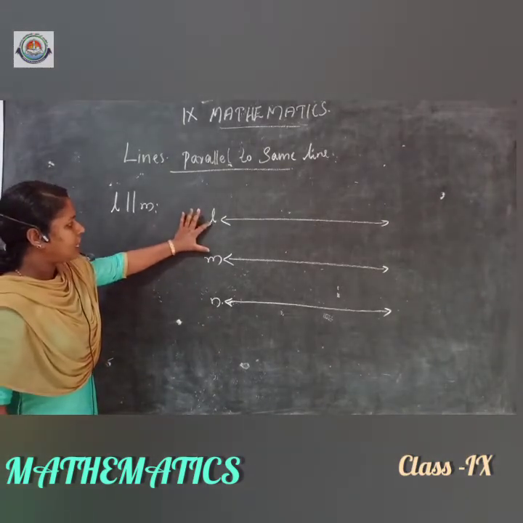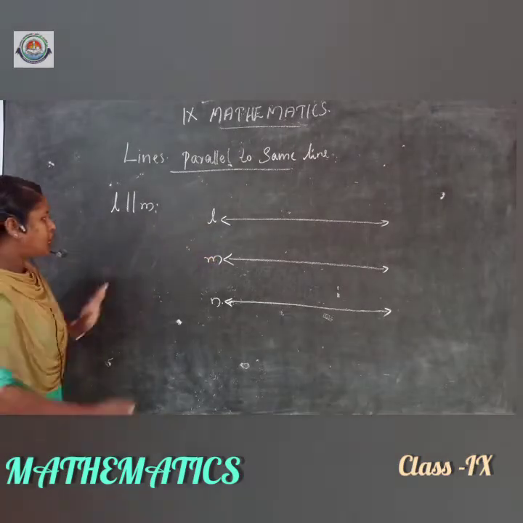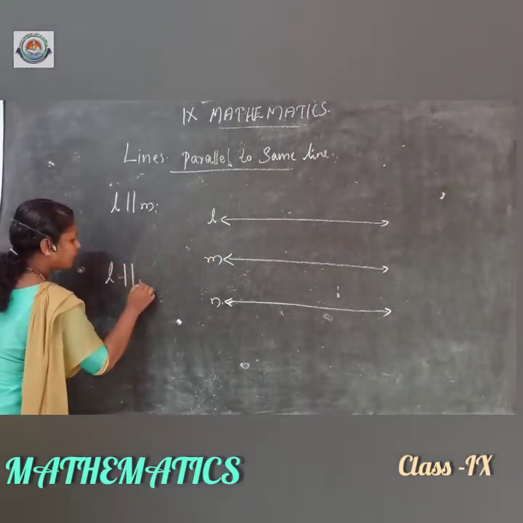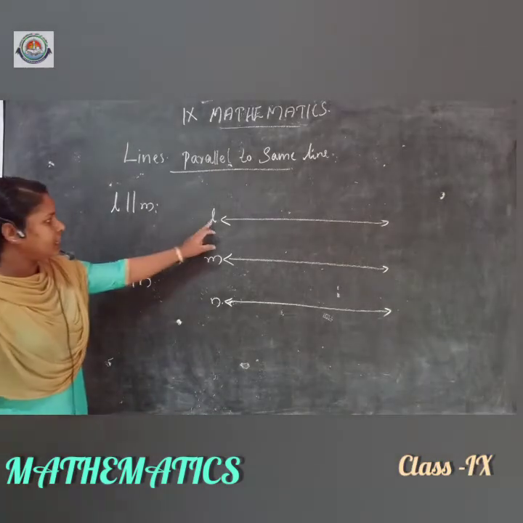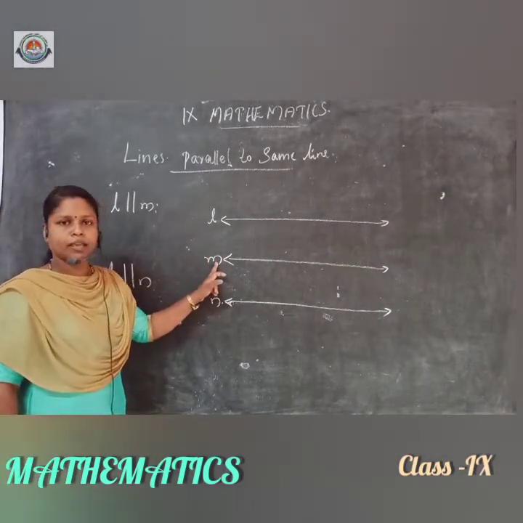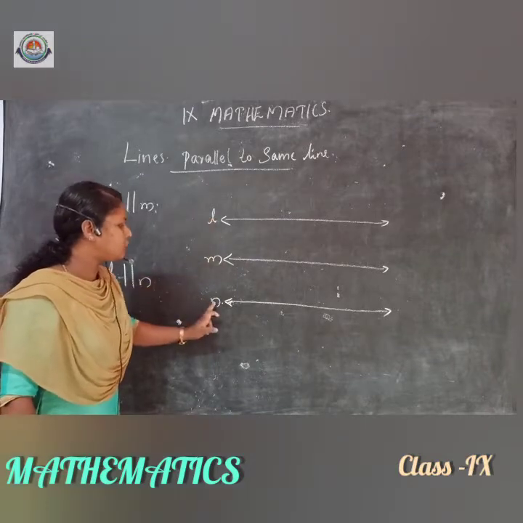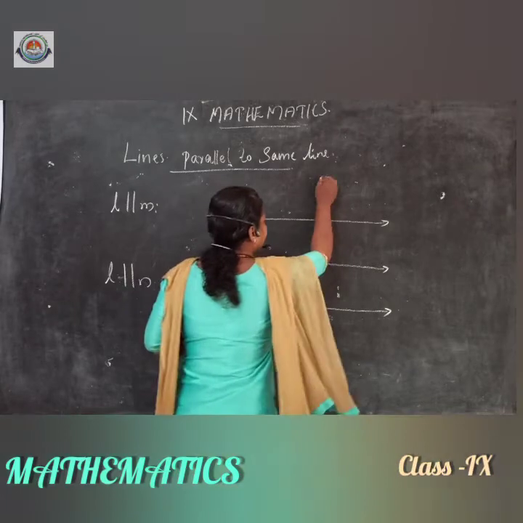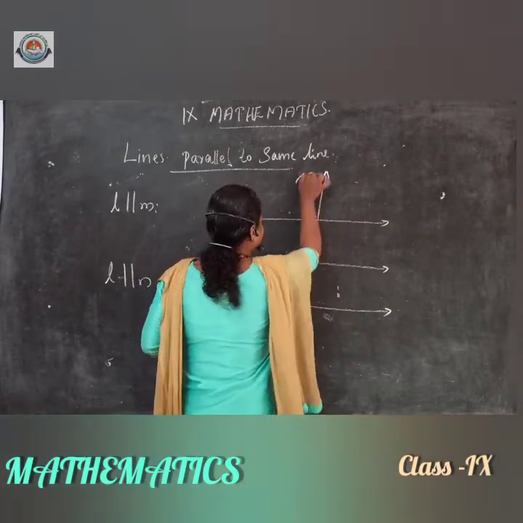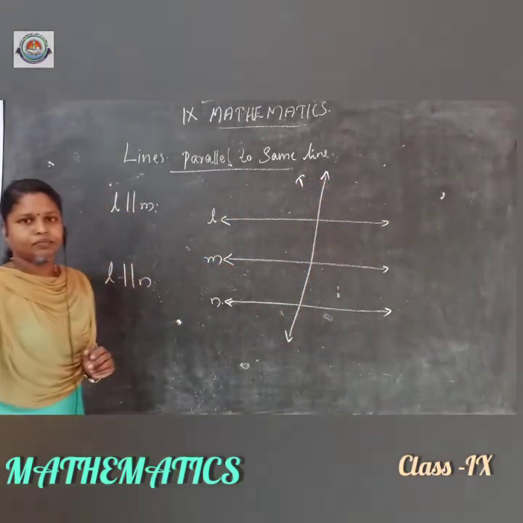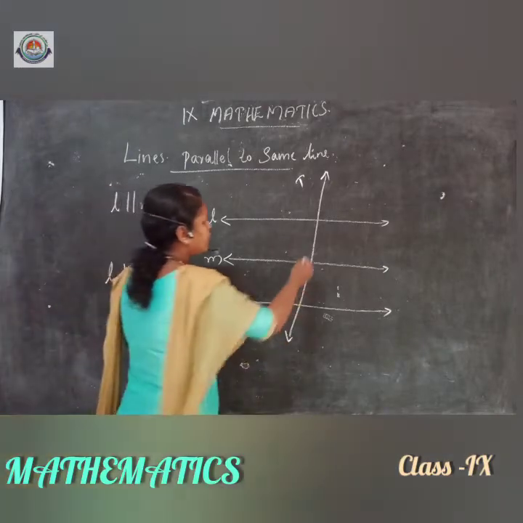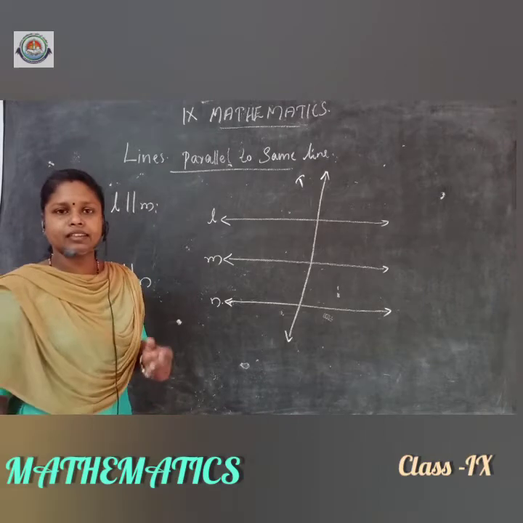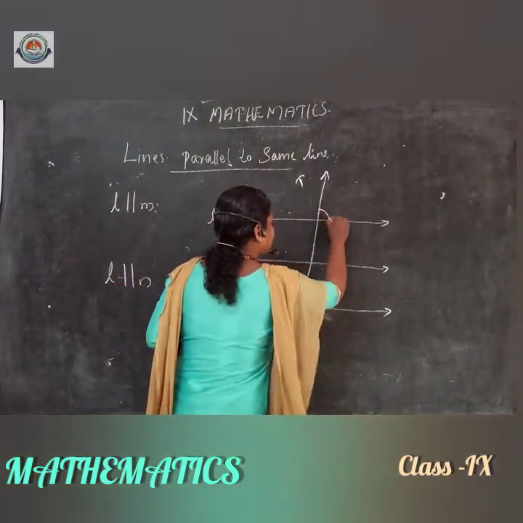L is parallel to M and also L is parallel to N. And here we have a transversal T. If these two lines are parallel, their corresponding angles are equal.